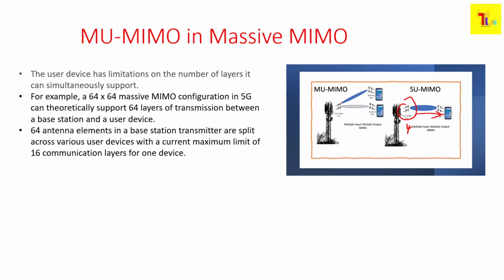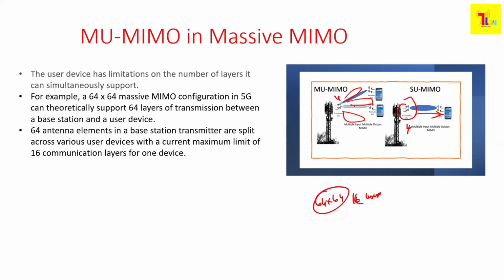But with multi-user MIMO, if you have more antenna elements, you can serve more users. You can give 4 antenna elements here and 4 antenna elements here. Like this, you can have around 16 users with 64 by 64 TX.